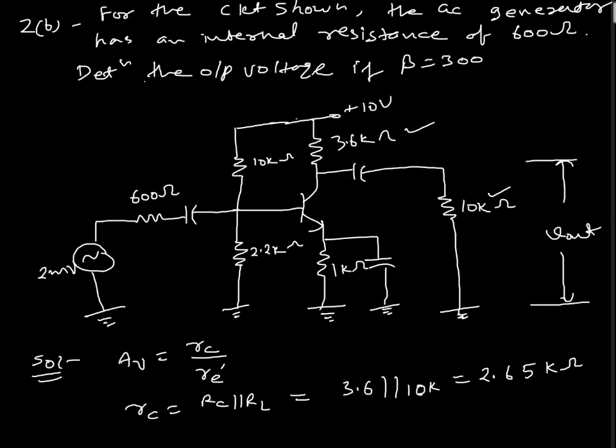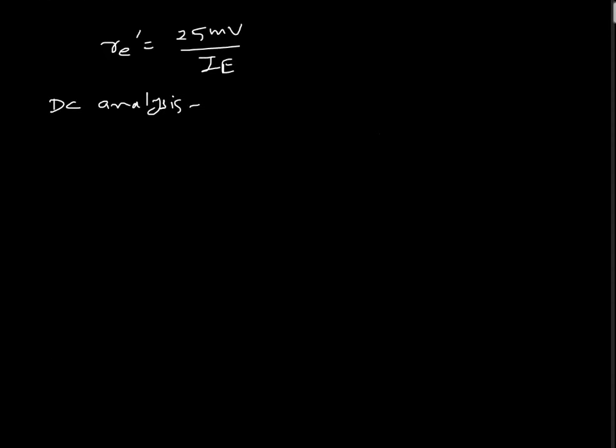RE prime is 25 millivolt by IE, where IE is the DC emitter current. So to do this, we need to find the DC analysis. DC analysis means from this circuit, we will open the capacitor and the remaining part is the DC part. So let's redraw the circuit with only the DC part. This is plus 10 volt VCC. Then this is RC, 3.6 kilo ohm. Then this is the transistor.